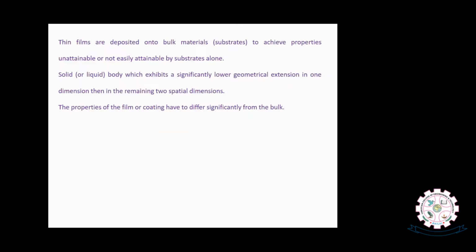As I told you, the very definition of thin film. But now, how do we make thin films? That is what is important. Thin films are very important because they are deposited onto a bulk material. That means this is my substrate, or the glass slide, onto which I will put a layer of a thin film.